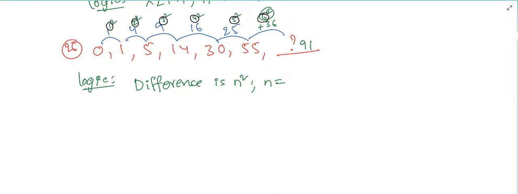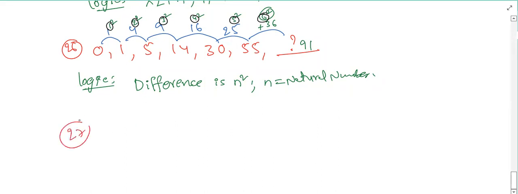Correct. So sometimes I told you already, even if the gap is high, even if multiples are available, multiplication will not be the logic. So we need to come to the difference again. In this type of cases, that will be true.